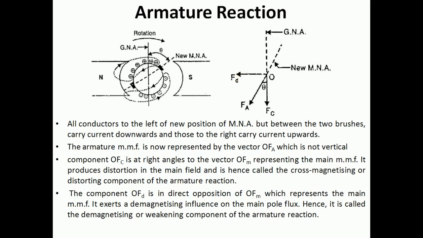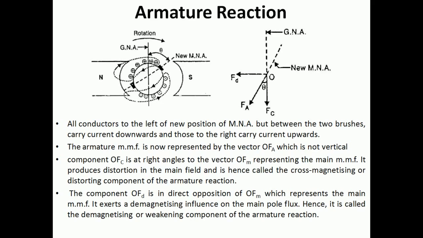In the last class we have studied the derivation of EMF equation, that is induced EMF or generated EMF is equal to ΦPNZ by 60A. So definitely due to the effect of this armature reaction, one harmful effect is demagnetization. Due to the demagnetization effect of this armature reaction, the magnitude of main flux has been reduced, which further results in the reduction of magnitude of generated EMF.